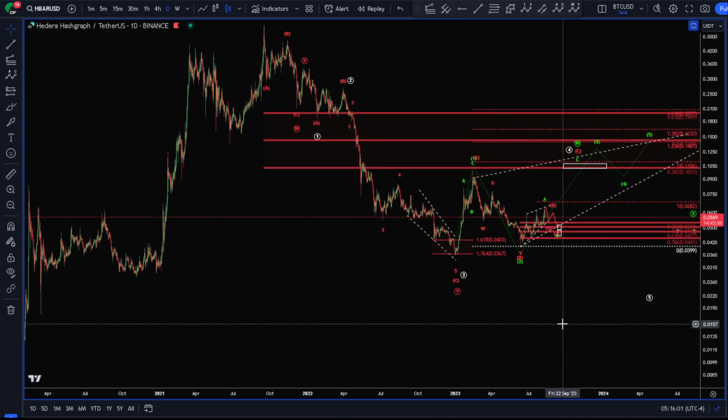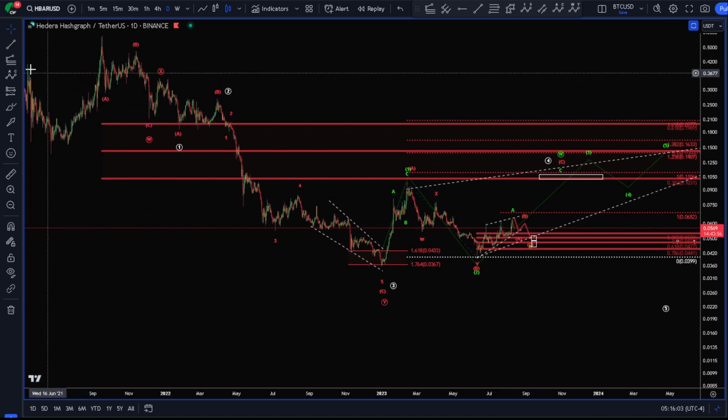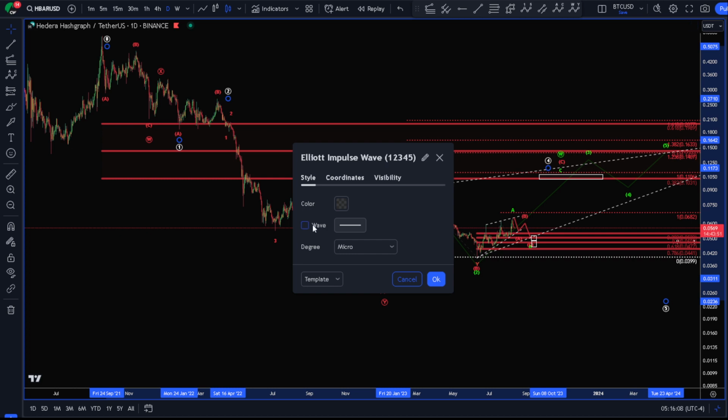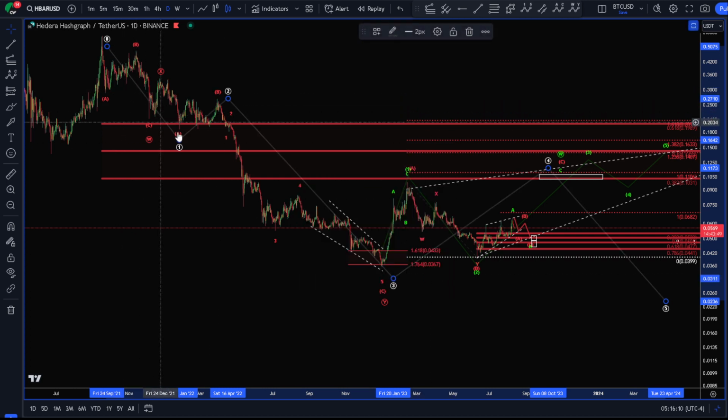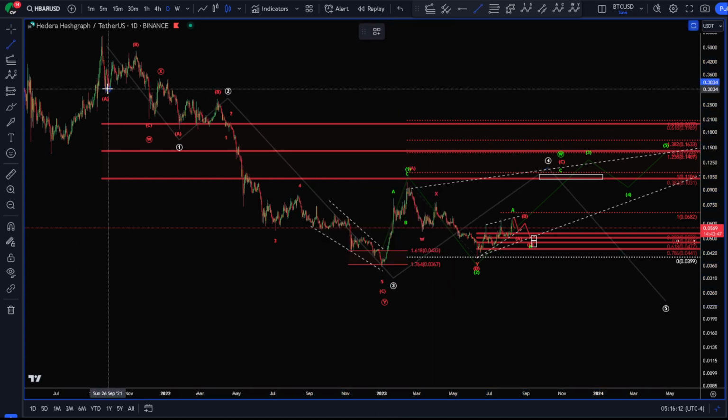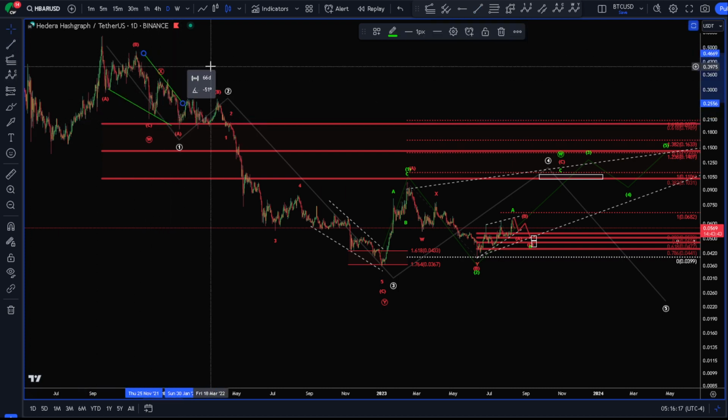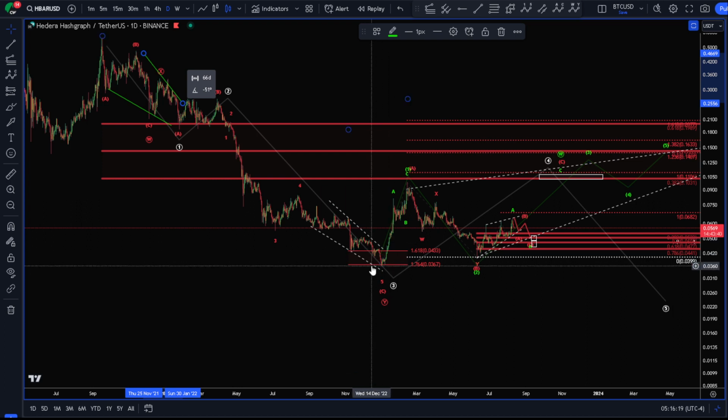And one thing that leads me to believe that is if we just go with our 5 waves down, this would be a leading diagonal. Ignore the WXY currently. We have our 1, 2, 3 down to the low.